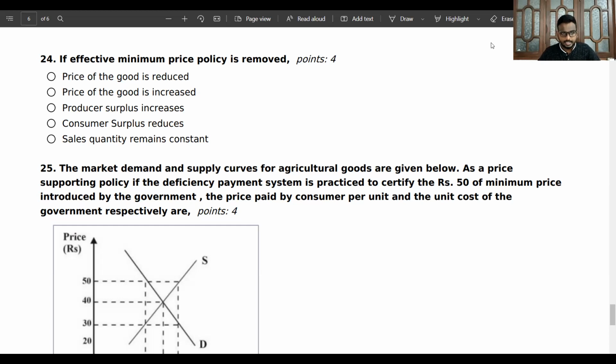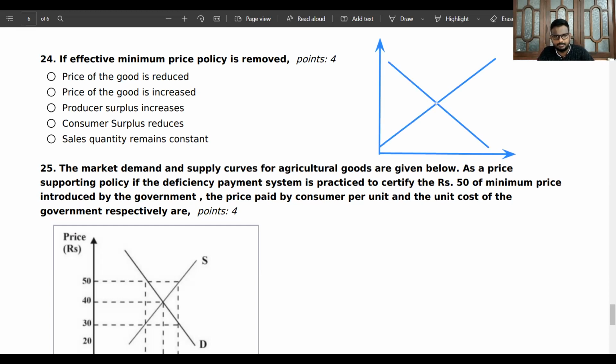And effective minimum price means, for example, you can present it like this. You have demand, you have supply, you have the equilibrium price, right? Let's say that equilibrium price is 20 and the quantity is 100.